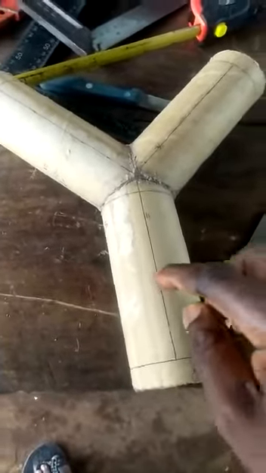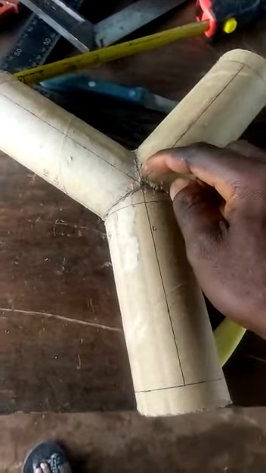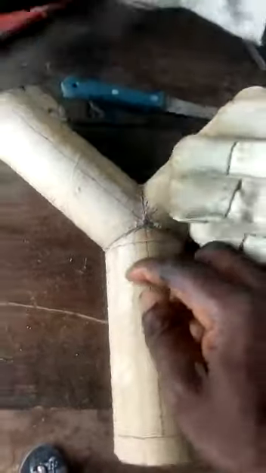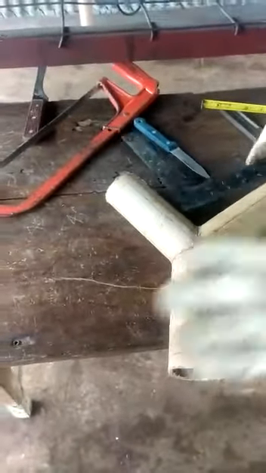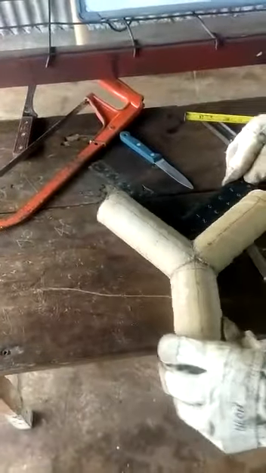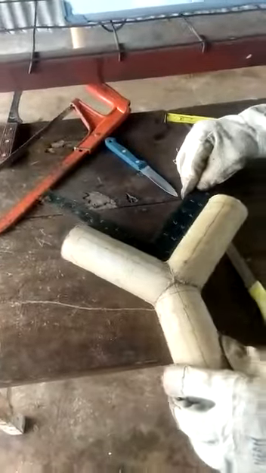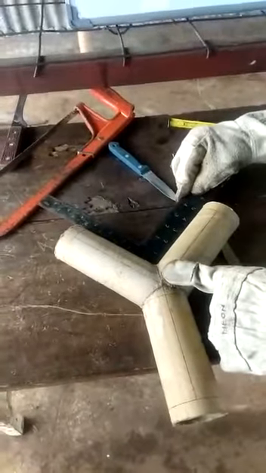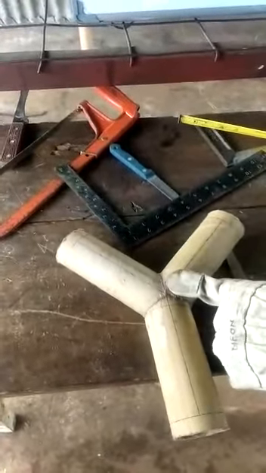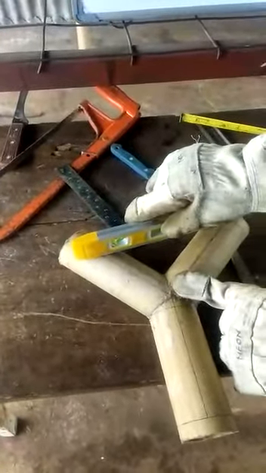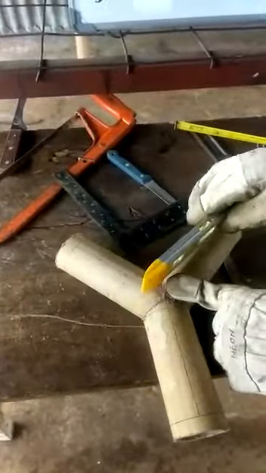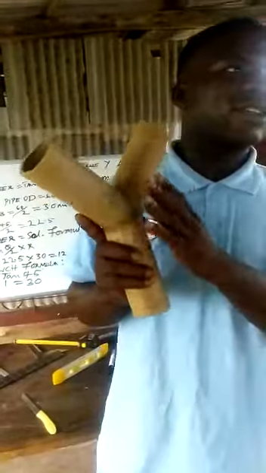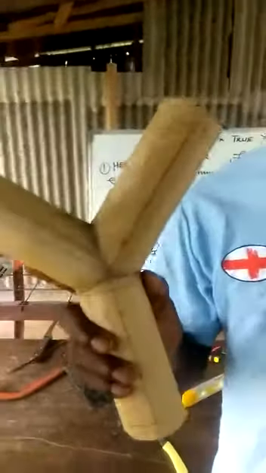You can see the whole line running together. That is an accurate 45 true Y.